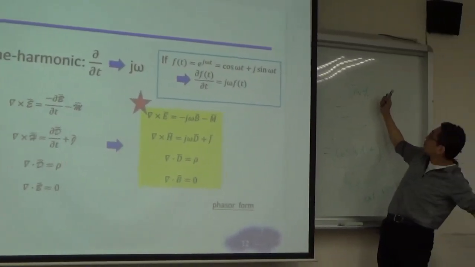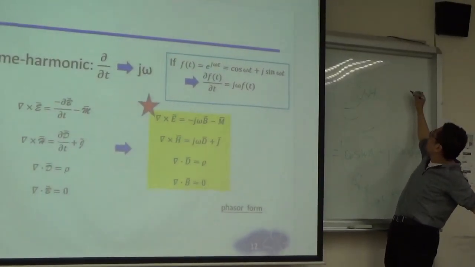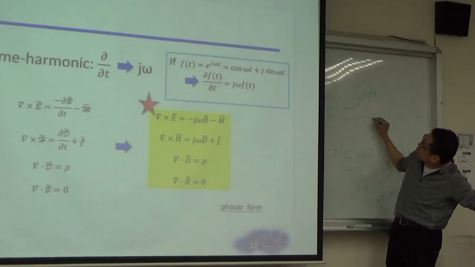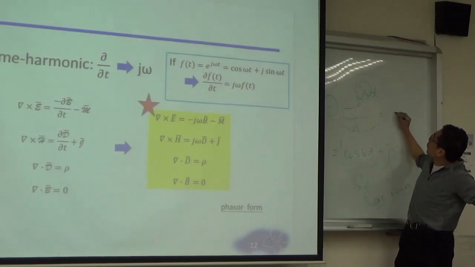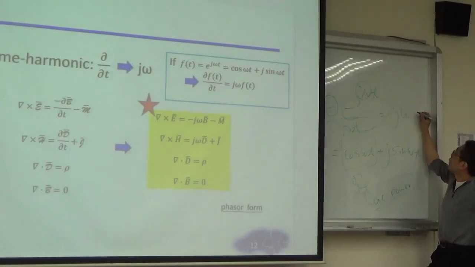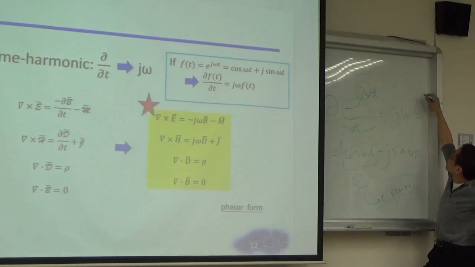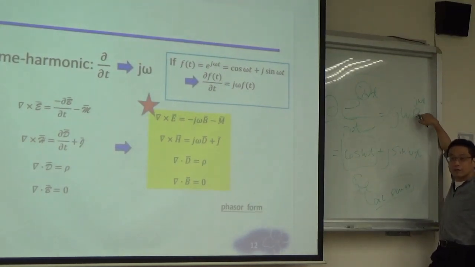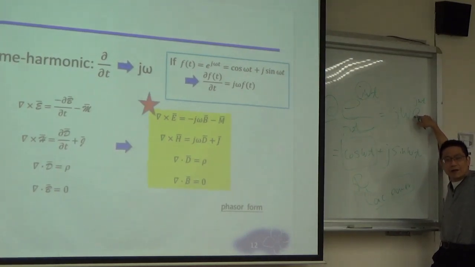You just take the partial with respect to t, this one will equal only j omega, right? Times the exponential. Do you understand that? I think all of you saw this before, right?